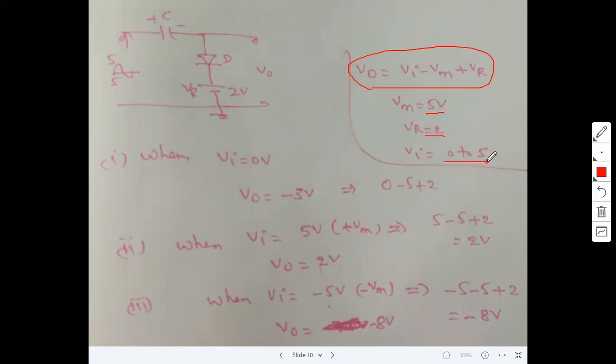Vi changes from 0 to 5 volts. When Vi is equal to 0 volts, what is the output? 0 minus 5 plus 2, that is equal to minus 3. When Vi is equal to 5 volts, the output is equal to 2 volts. When Vi is equal to minus Vm, or minus 5 volts, the output is equal to minus 8 volts.